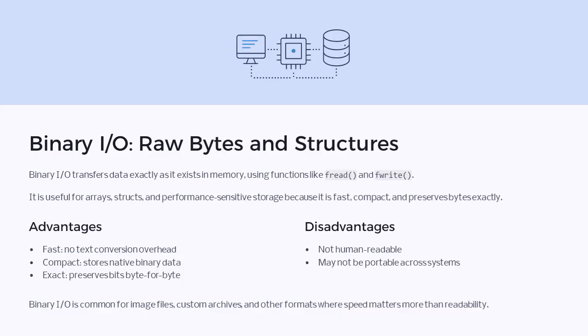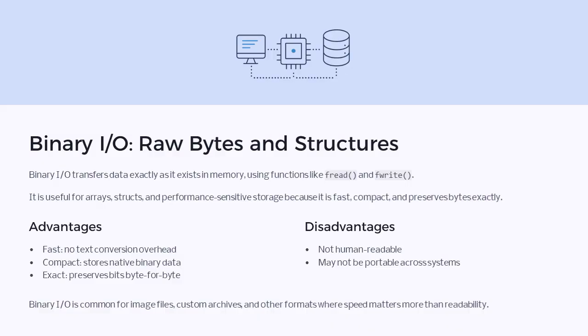Next is the binary I/O, which is for raw bytes and structures. Binary I/O transfers data exactly as it exists in memory using functions like fread and fwrite. It is useful for arrays, structures, and performance sensitive storage because it is fast, compact, and preserves bytes exactly.